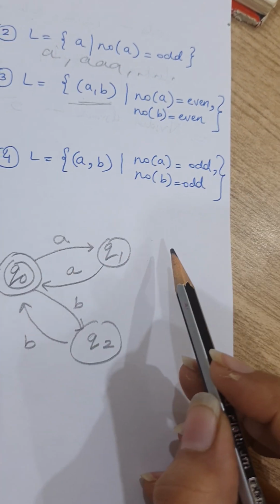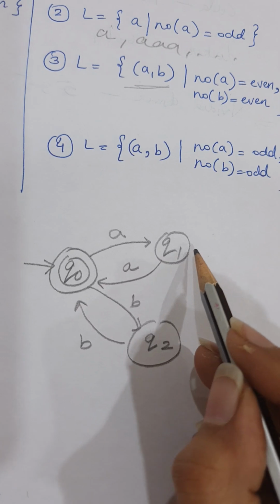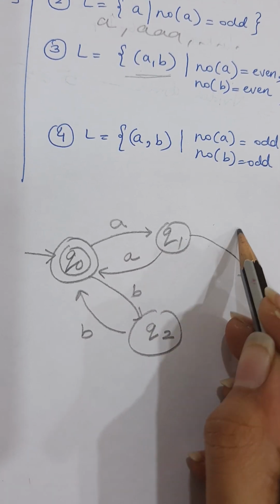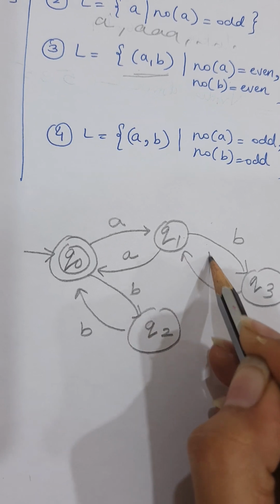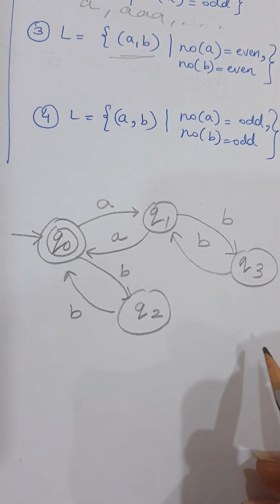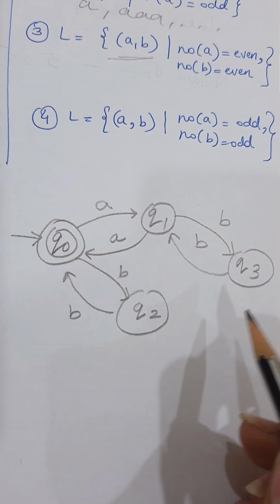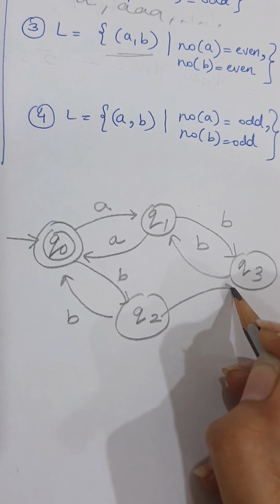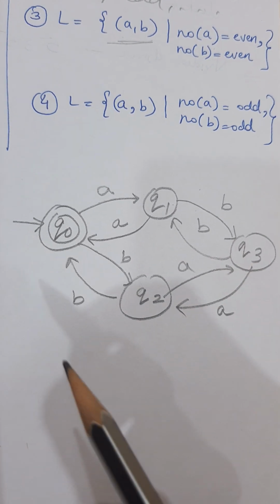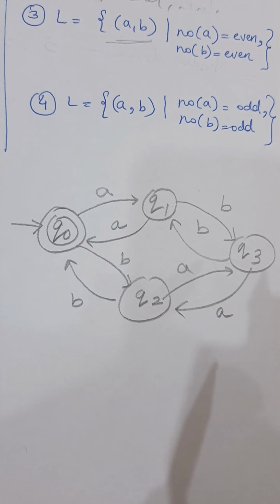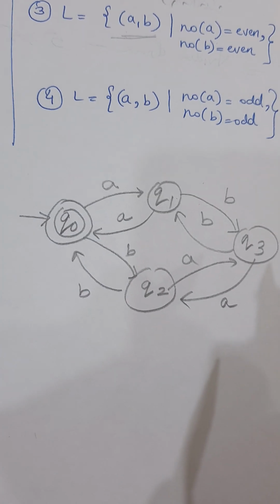Now after A I can have B, so here the design says like this, and then after B I can have A. Since we are transiting in both directions, we have considered all the possible options here.